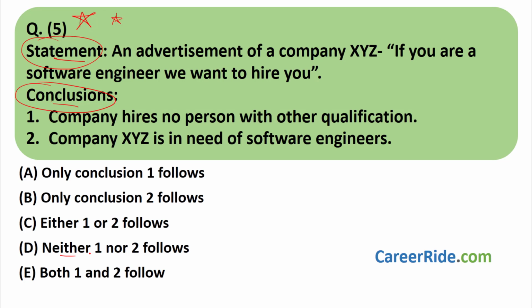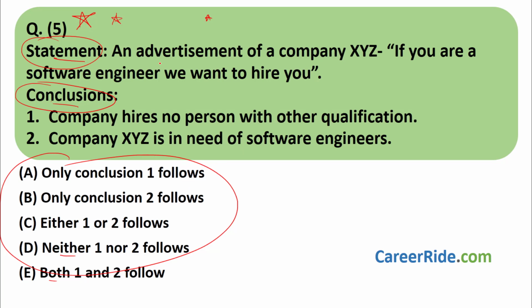The 4th option is neither 1 nor 2 follows, and 5th is both of them follow. For every question they can give you such options, or they can have a common table where A stands for 1 follows, B stands for 2 follows, and you'll have to choose the correct option referring to this table, okay. Now let us see how to solve the question using the tips which we have seen already.